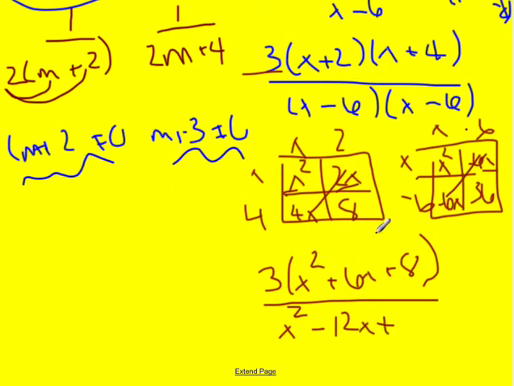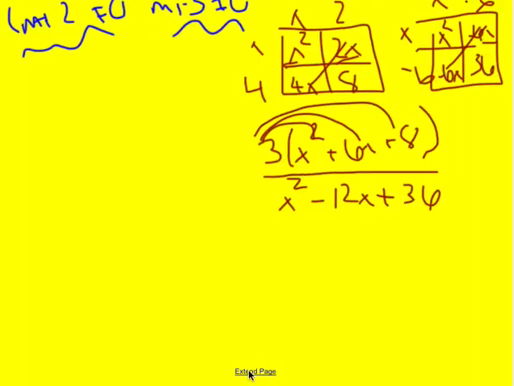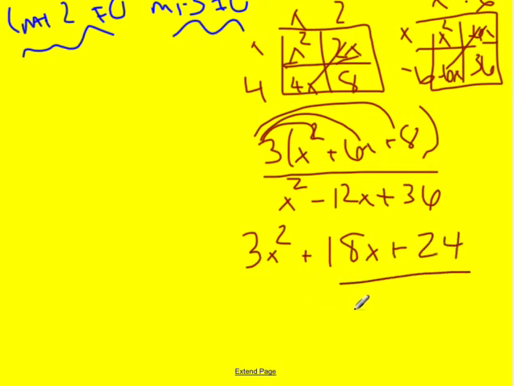So we're going to take the 3 and distribute it into the top. So 3 times x squared is 3x squared. 3 times 6x is going to be 18x, and 3 times 8 is going to be 24. Then you're going to take that and divide it by x squared minus 12x plus 36.